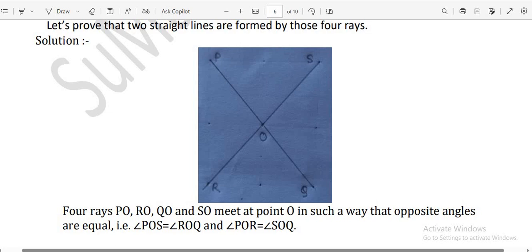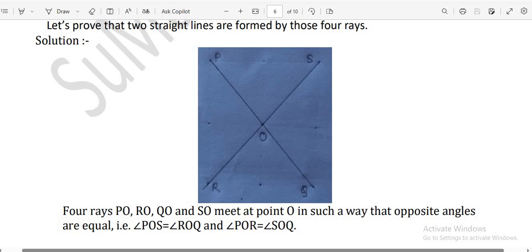From the figure above, four rays PO, RO, QO and SO meet at point O in such a way that opposite angles are equal.